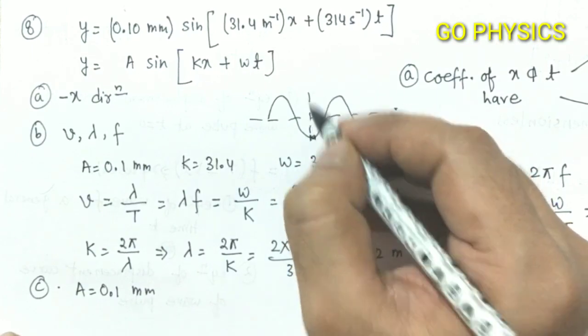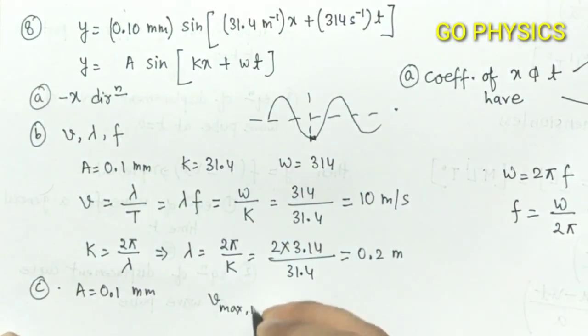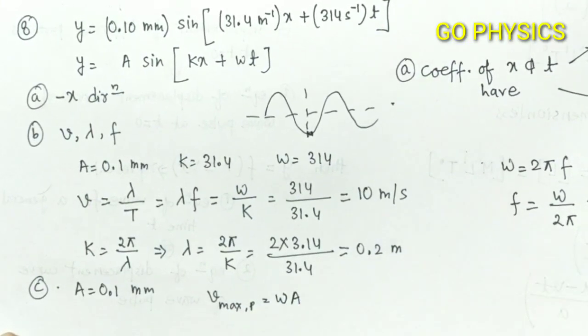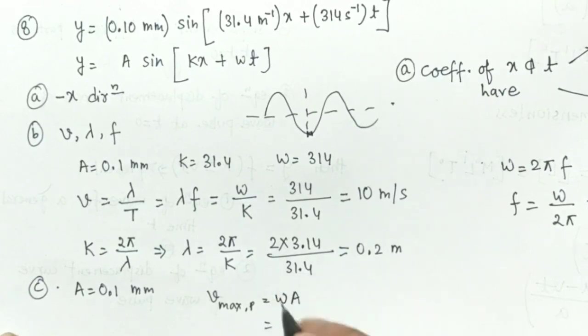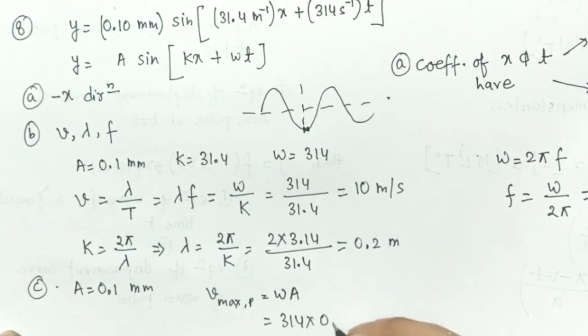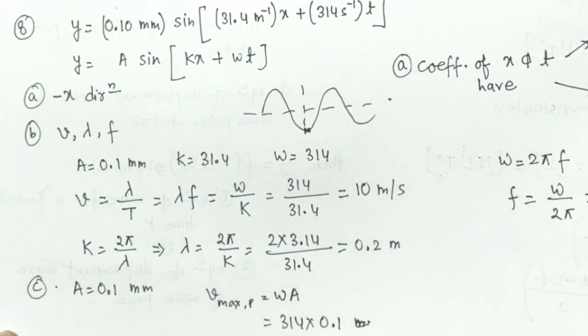And in case of simple harmonic motion, the maximum speed of any particle is omega into a. Omega is 314 and amplitude is 0.1 millimeter. If we simplify this, it comes out to 31.4 millimeter per second.